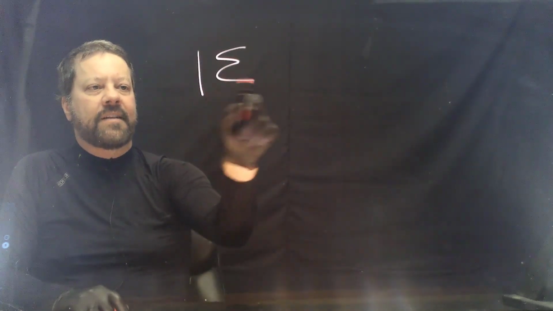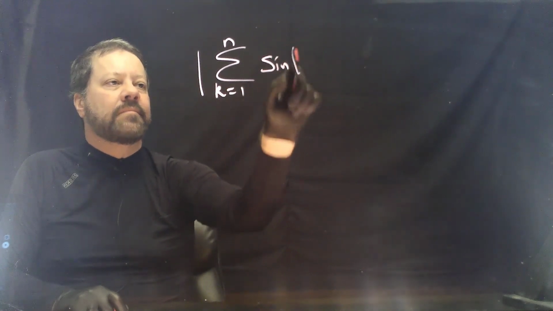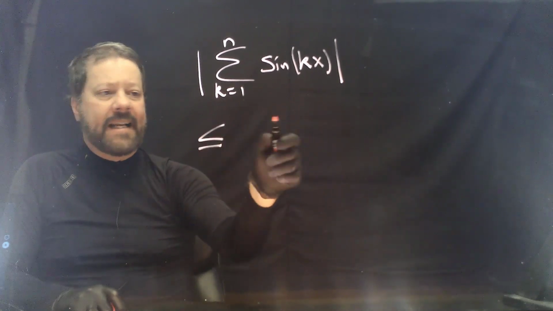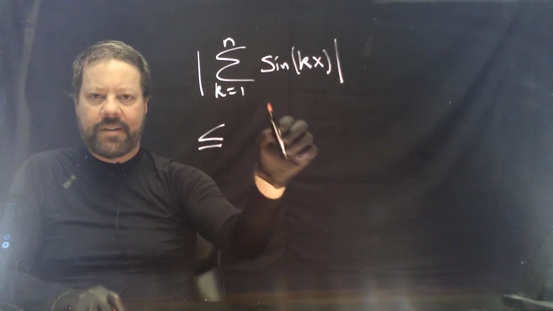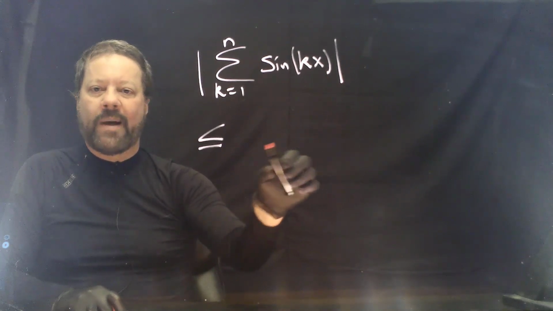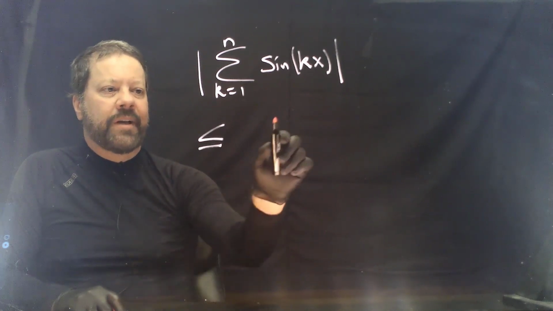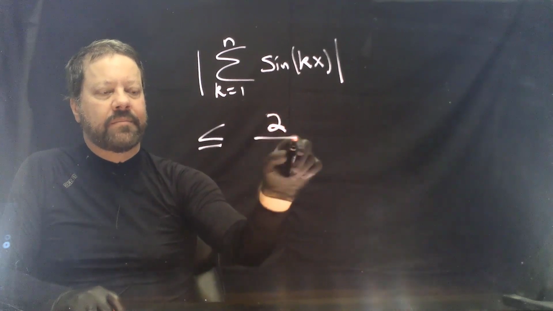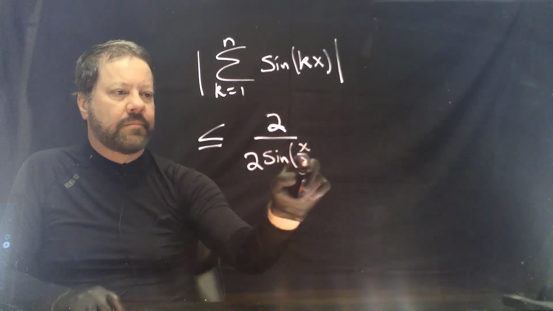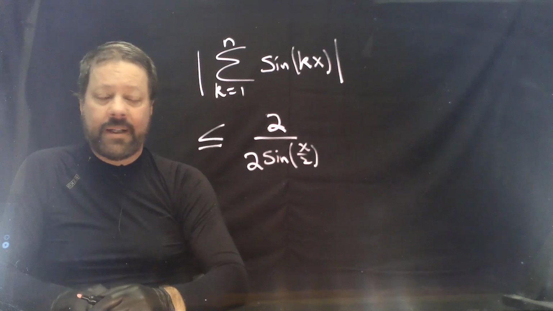Now if we look at the sum, as k goes from 1 to n, by our identity, we had the cosine of x over 2 minus the cosine of n plus 1/2, all times x, all over twice the sine of x over 2. The two terms in the numerator are both bounded by 1. We'll consider this x value to be between 0 and 2 pi.